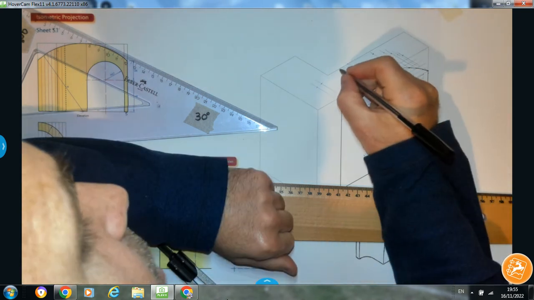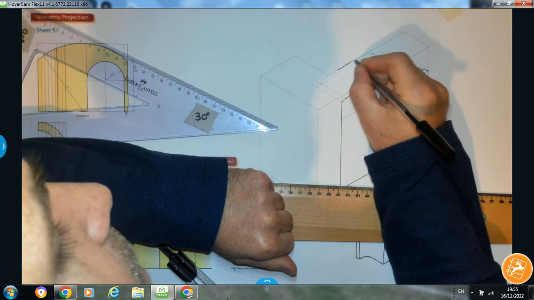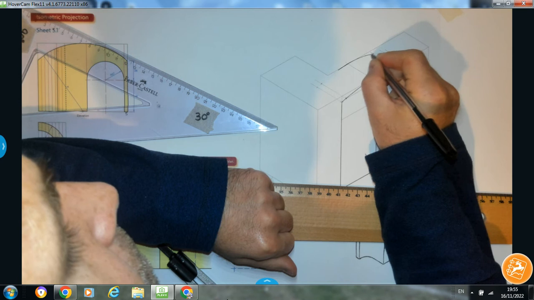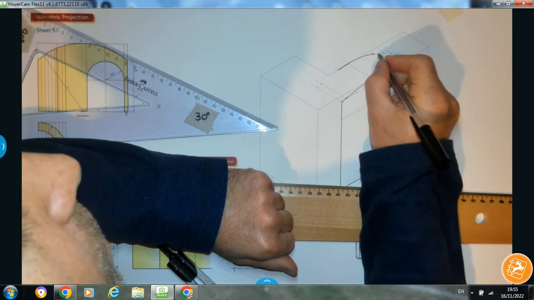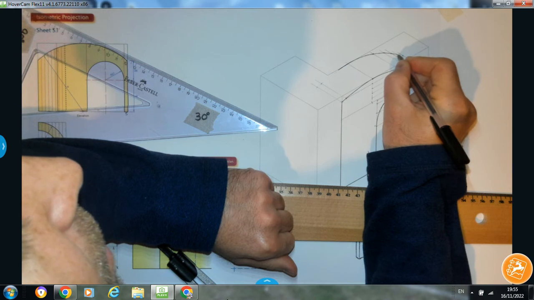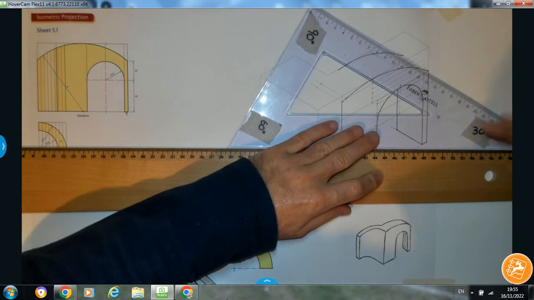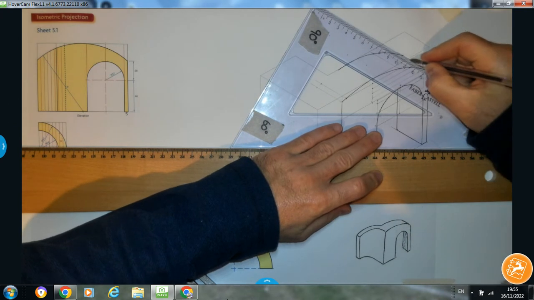So I'll heavy in this section here now. So there's that bit done. I would now heavy in this section.